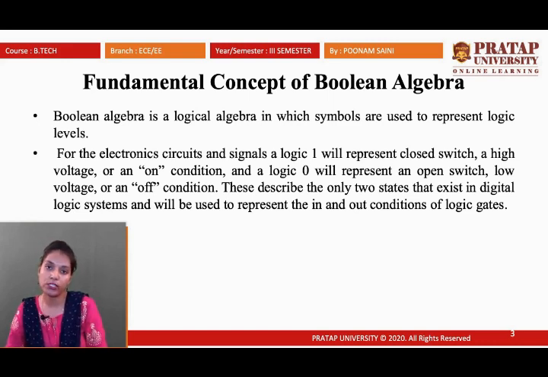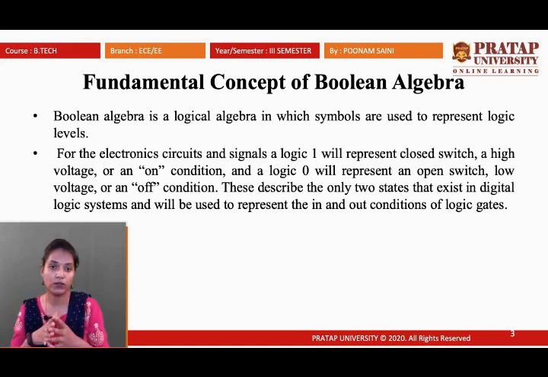In Boolean algebra we are using zeros and ones, and this logical algebra is basically used in electronic circuits and signals. A logic 1 represents a closed switch and 0 represents an open switch, or we can say that 1 represents the on condition and 0 represents the off condition.